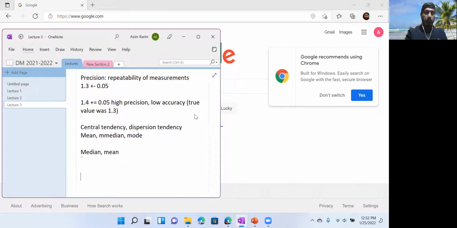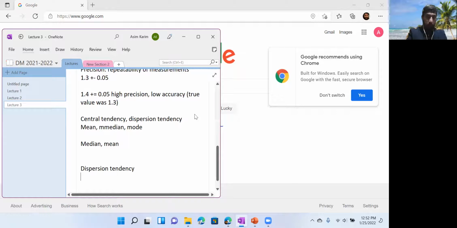So, moving on to the dispersion tendency. You are familiar with the measures in this category as well. If your data set is numeric, interval scaled, or ratio scaled, you can use what is known as the standard deviation.